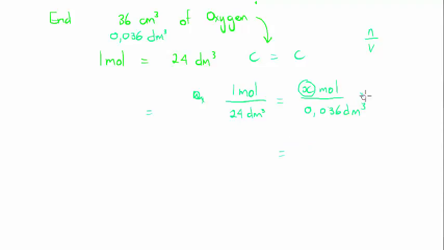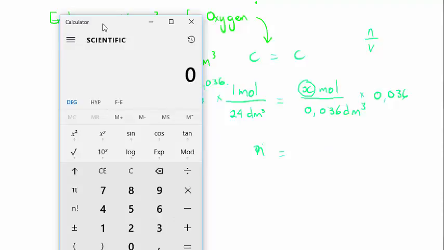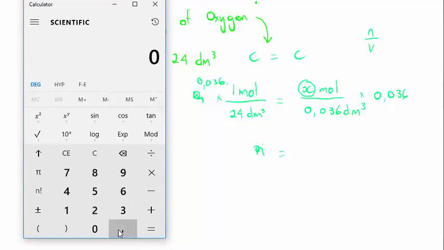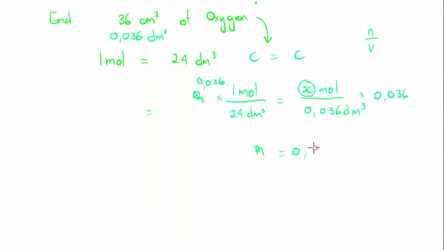Now all I do is multiply both sides by the 0,036, and I get that the number of moles of oxygen in the end is 0.036 divided by 24, 0,0015. Please don't round off until you get to your final answer. This is how many moles were produced.